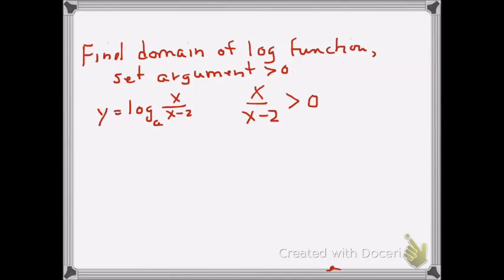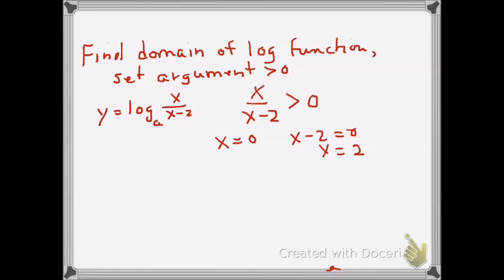Well, this is solved as we would solve a rational inequality. We find the cut points by setting the numerator and the denominator equal to 0. So x equal to 0 from the numerator, x minus 2 equals 0, x equal to 2 is the other cut point.